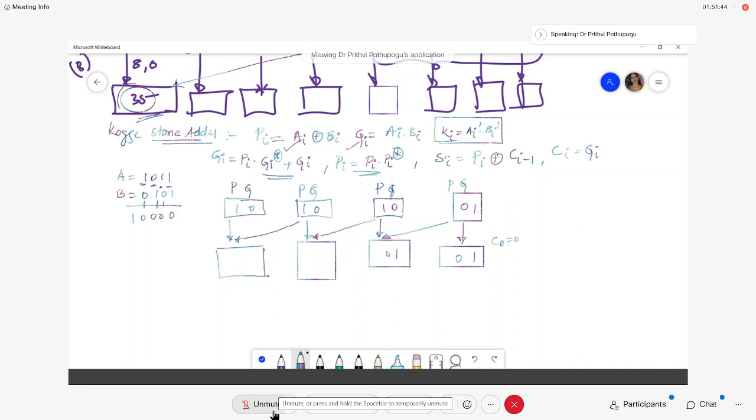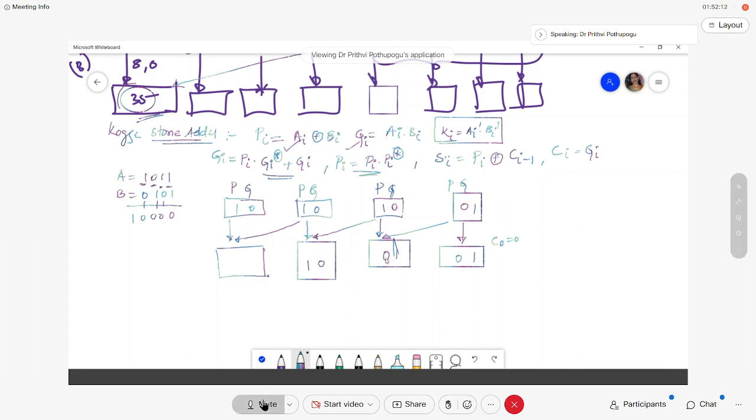Generate 1, propagate is 0. Here, generate is 0, propagate is 1. Previous?